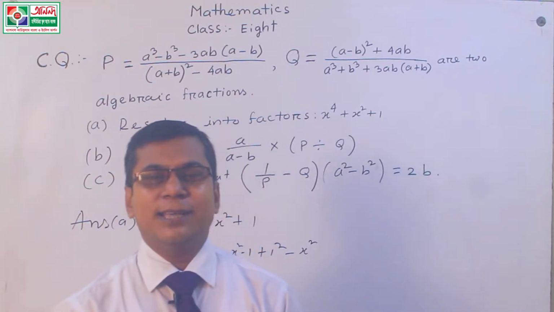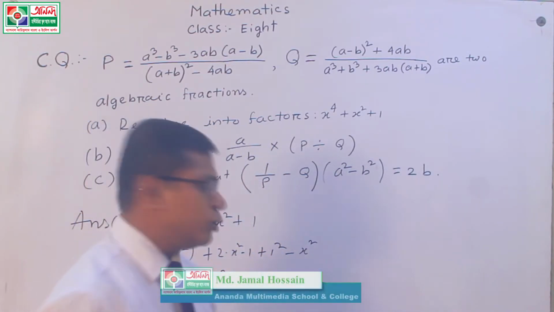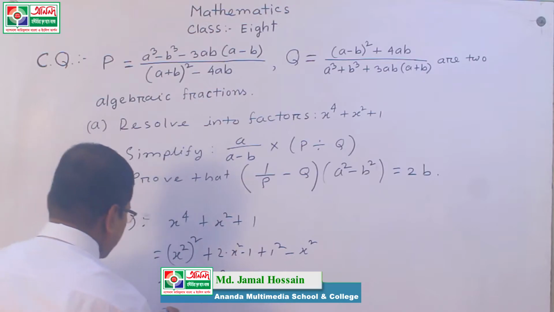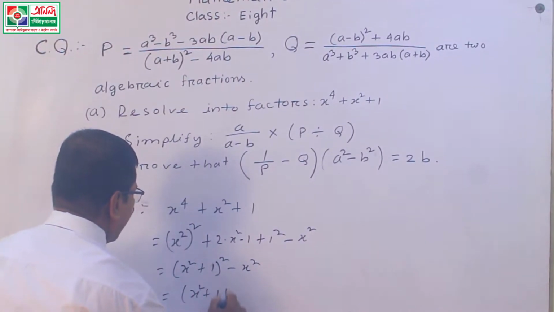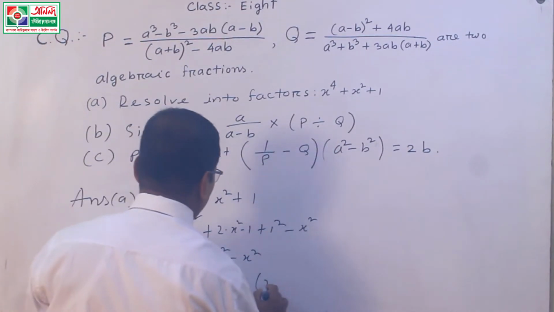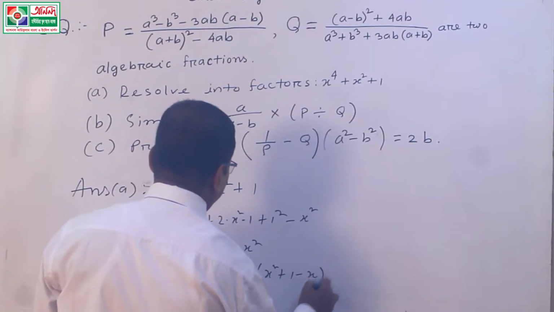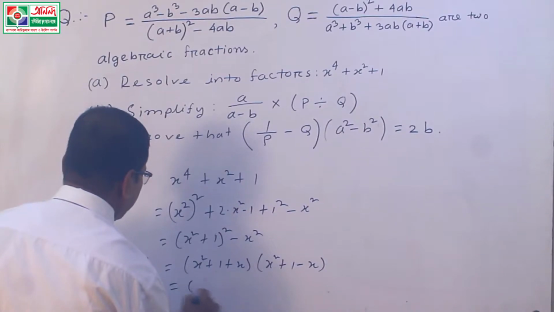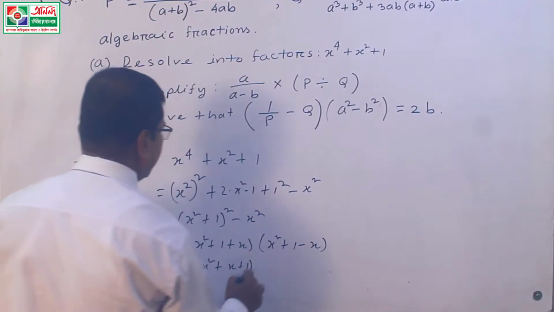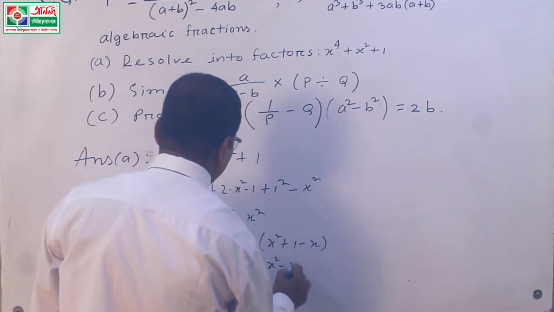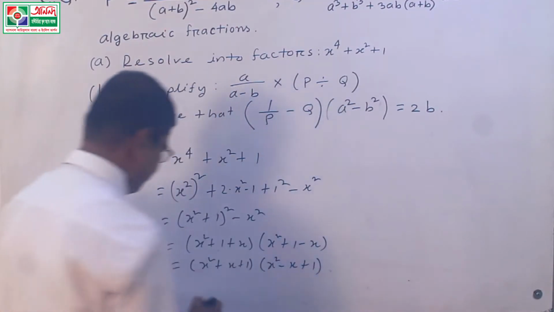Here a is x square plus 1 and b is x, so we can write (a plus b) into (a minus b), and we can arrange it: x square plus x plus 1 into x square minus x plus 1.